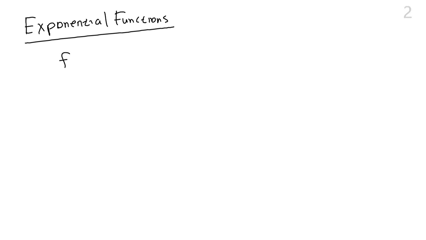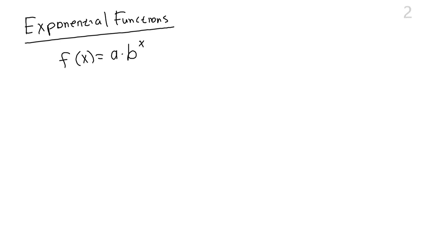So first, a brief review on exponential functions. Exponential functions come in the form of a constant times a base to the power of an exponent. This is what distinguishes exponential functions from other functions.